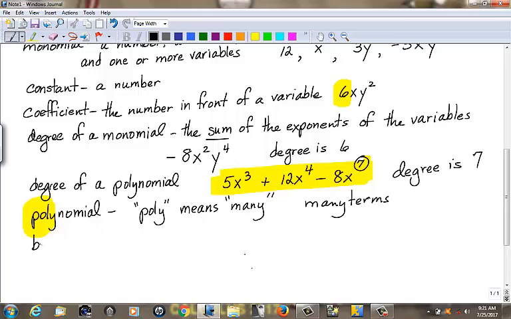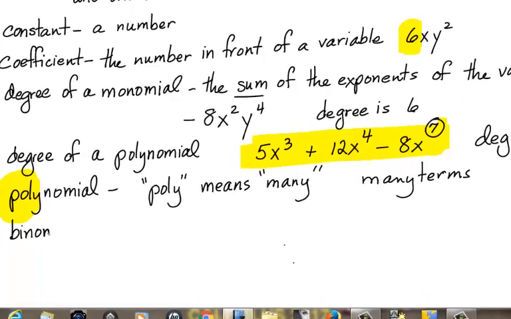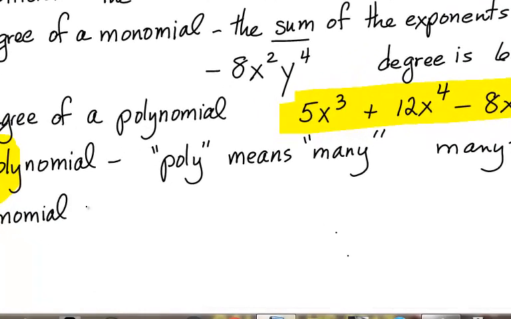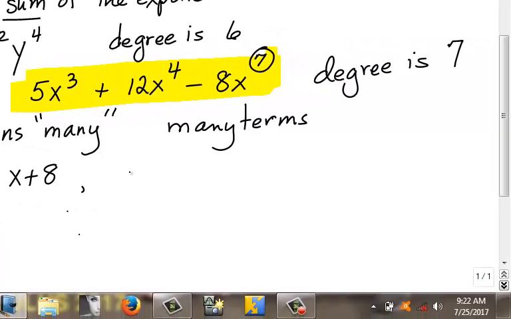A binomial is two terms. So if I say x plus 8, that is a binomial. If I say 5x squared minus 7y cubed, that's a binomial.